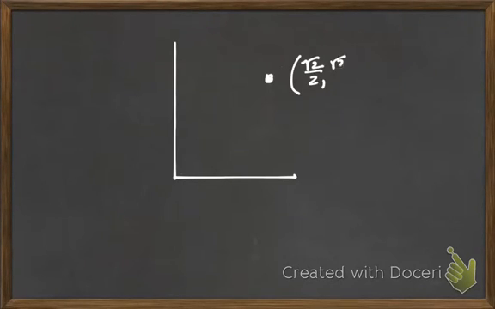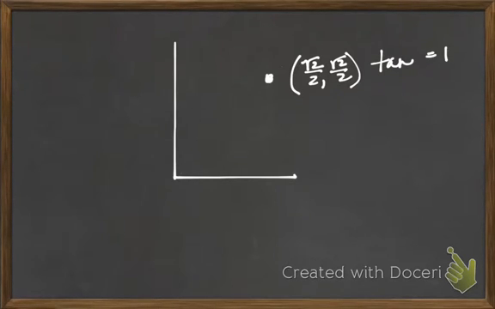Alright, I want to take just a second to show you something. So if we just do the first quadrant of the unit circle, let's talk about this point right here. What's the ordered pair of the point right in the middle? Square root of 2 over 2, square root of 2 over 2. What's the tangent value at that point? 1.